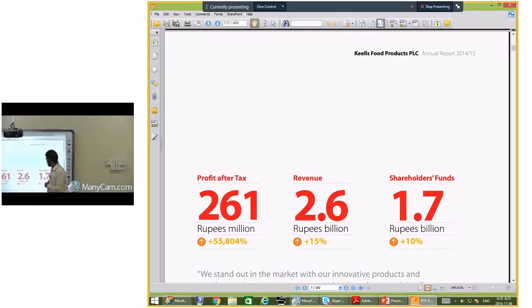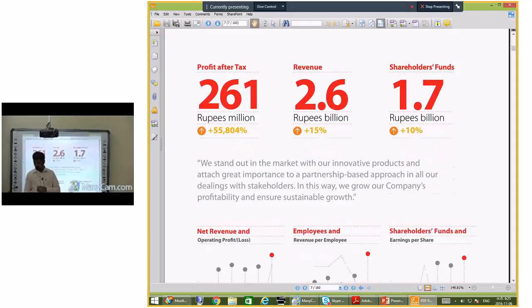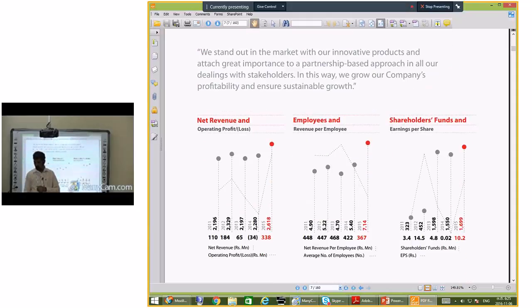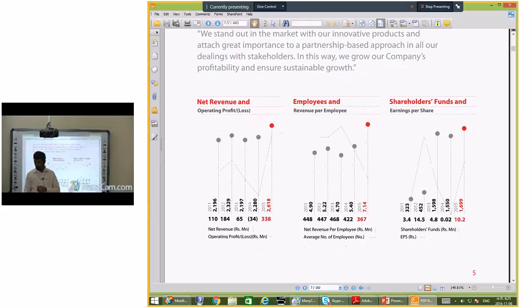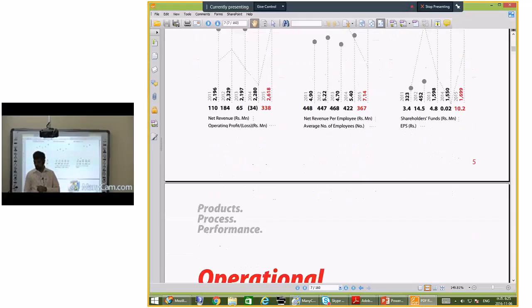Yes, rupees billion here, here also rupees billion, here rupees billion, percentage also given. Another important one, net revenue and growth, employee, shareholders funds, right?